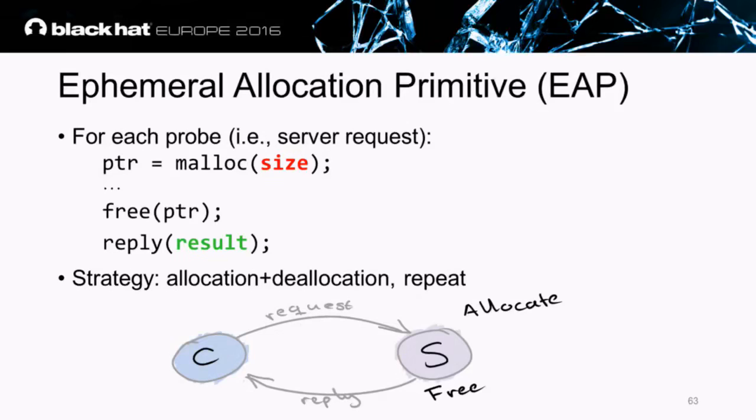It allocates some memory, but later it frees this memory, and then it replies with the result to the client. So the strategy is the client sends a request to the server, the server allocates some memory, and then the server responds with the result to the client. And the client can infer what happened at the server.